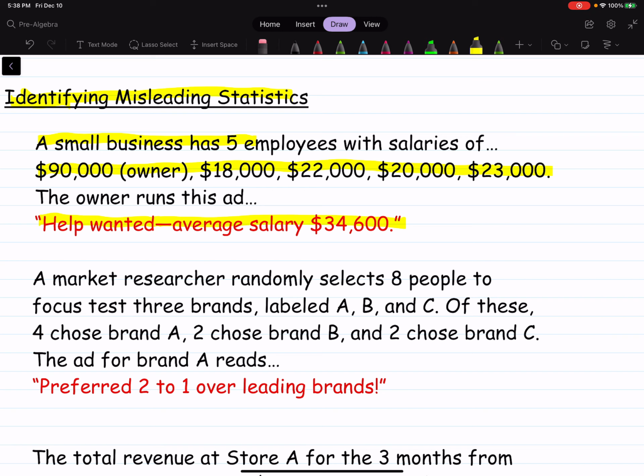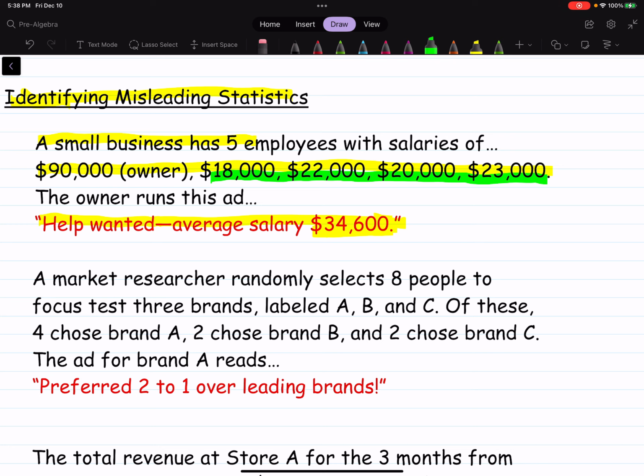Well, if I was reading that ad, I would say that he's going to give me a job somewhere around $34,000, because when I apply for the job, I expect to get it, and that's the kind of job I would want. However, he's not going to pay that, because you can look at his employees, not including himself as the owner.